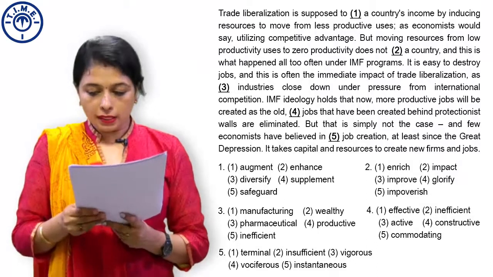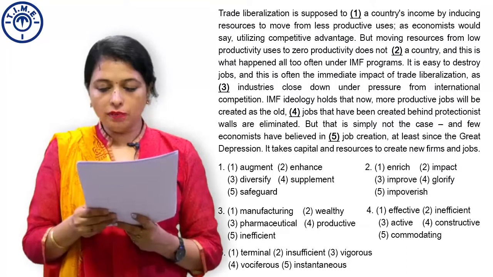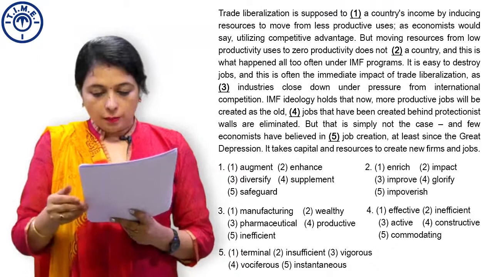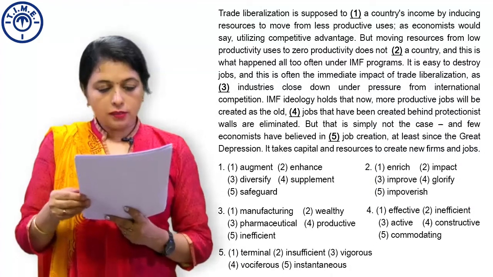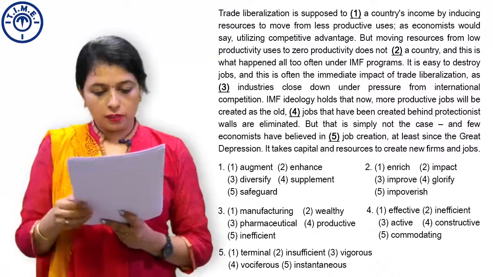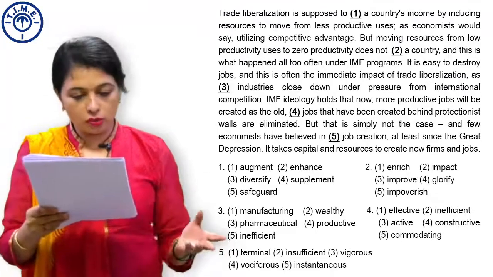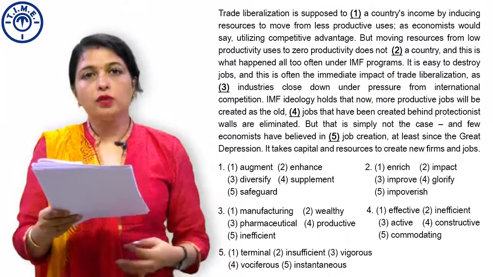The fifth blank says, but that is simply not the case and few economists have believed in dash job creation, at least since the Great Depression. So, the idea suggested is in the words, but that is simply not the case. Now, it shows that destroying old jobs alone is not sufficient, and therefore, people probably think that the idea is to create more jobs.